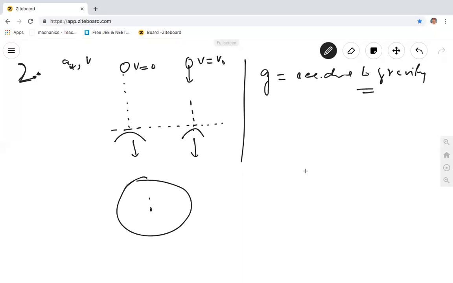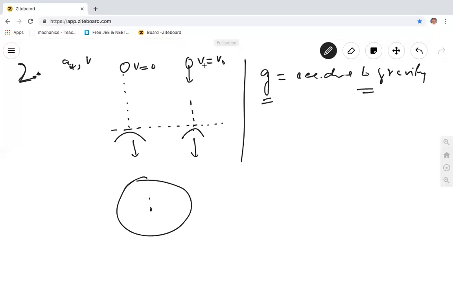It has nothing to do with the aircrafts or with the bodies themselves. Both will be pulled down with the same acceleration. And that acceleration does not depend upon their masses. Gravitational acceleration is independent of mass. So whether one may be a fat person, the other a thin person, both will have the same acceleration due to gravity. So we did one part.